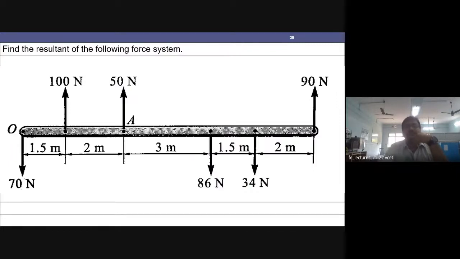Now I am supposed to find the resultant for the following force system. After finding the resultant, we will also mark it.